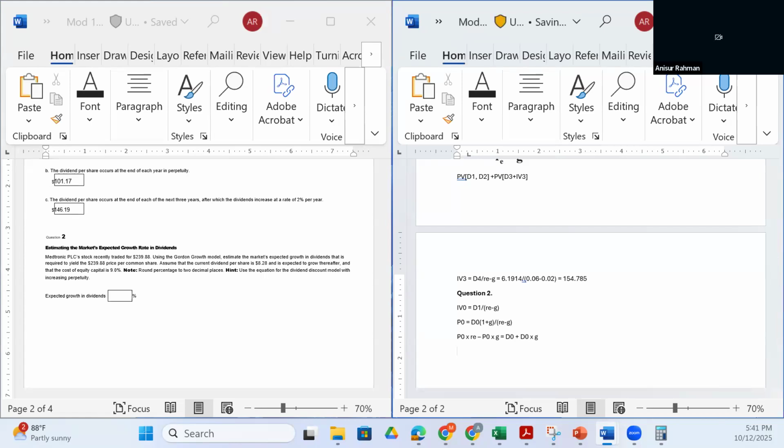P0 times G. So now we have on the left hand side, we'll keep P0 times RE, and then we'll bring from the right hand side D0, so minus D0.